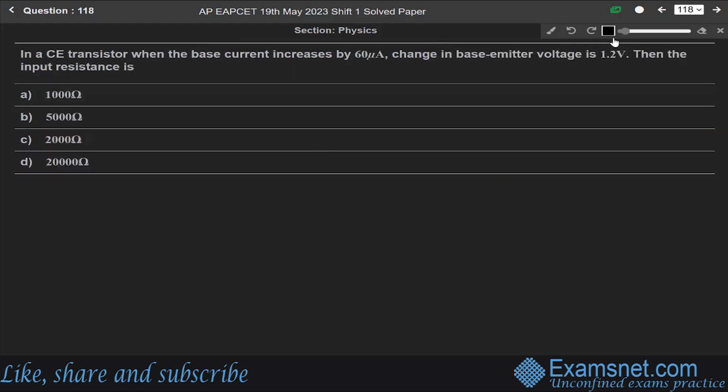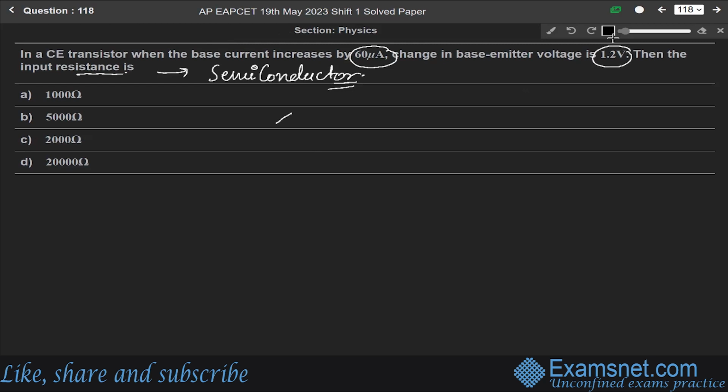Okay. Now next question 118. In a CE transistor, when the base current increases by 60 microampere, the change in the base emitter voltage is 1.2 volt. Then the input resistance is, okay. This question is from the chapter of semiconductor. In this, we are given that the base current increased by 60 microampere and the base emitter voltage change is 1.2 volt. So we have to find the input resistance.